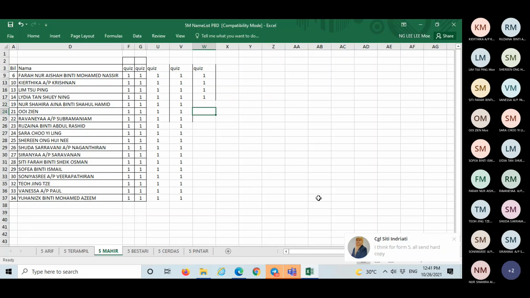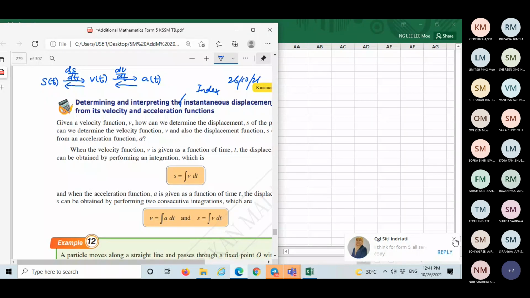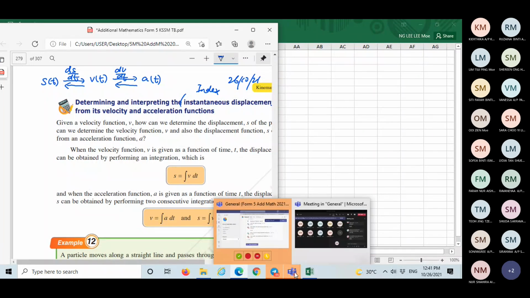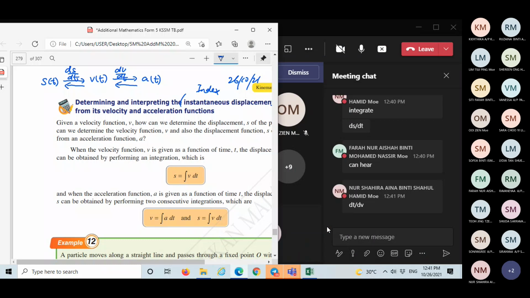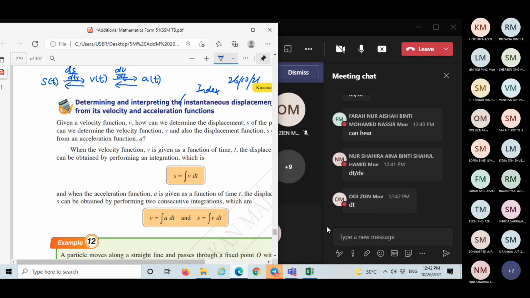Okay, Uijian, are you here? You got to write integrate what with respect to what, because you cannot type the integration symbol.